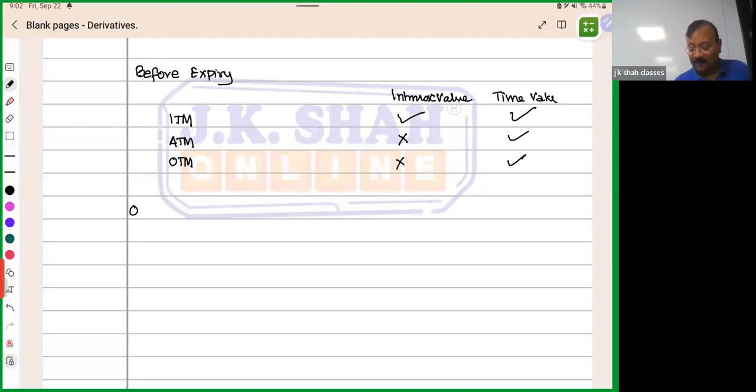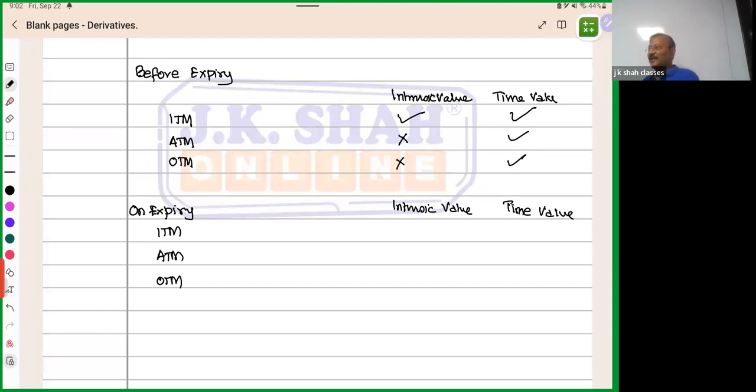Acha, on expiry, on the day of expiry. Understand, on expiry the option, whether it is ITM, ATM or OTM, right? And if it is in the money, will it have intrinsic value on the last day? Right?